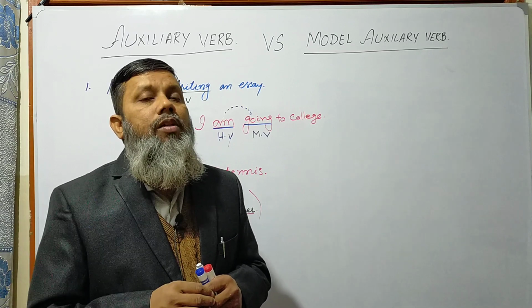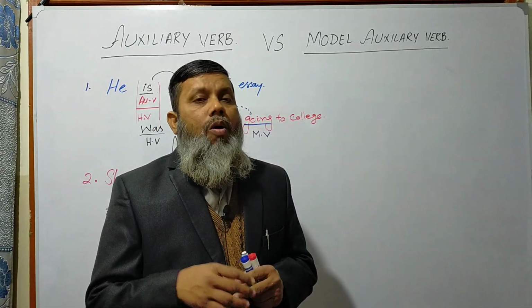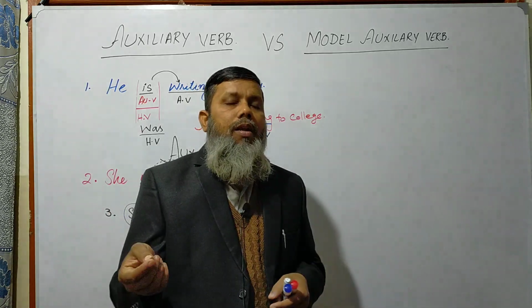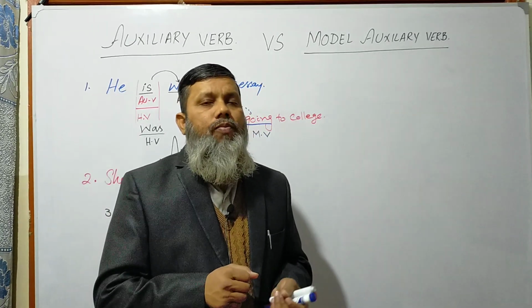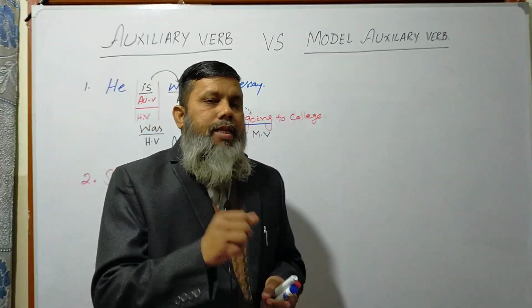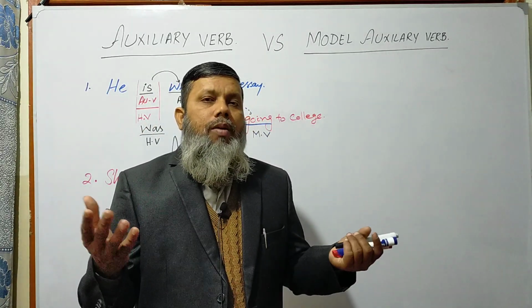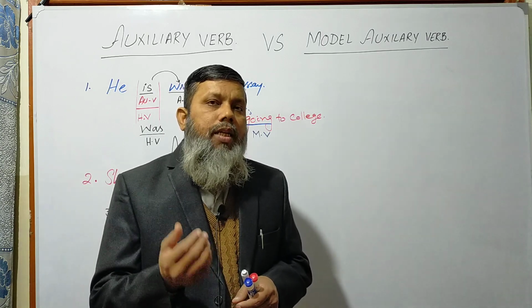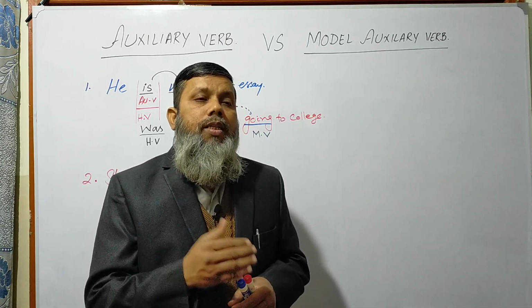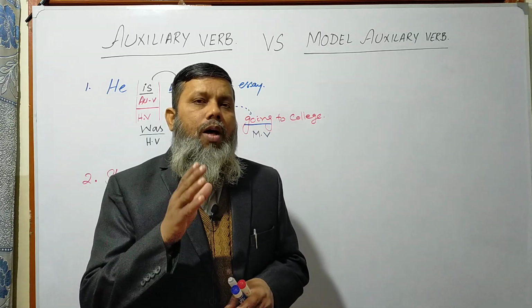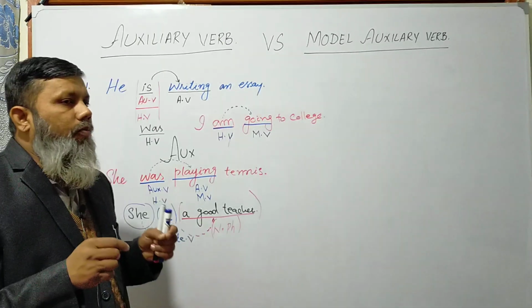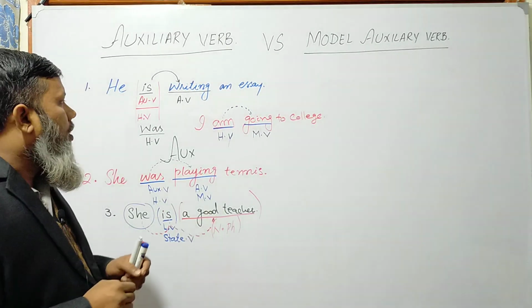This tension will lead you to the wrong side, to be or not to be. When these types of MCQs come, especially in the federal board exams, you feel some confusion whether it is a linking verb, a state verb, or a helping verb. So I think today this confusion will be removed.